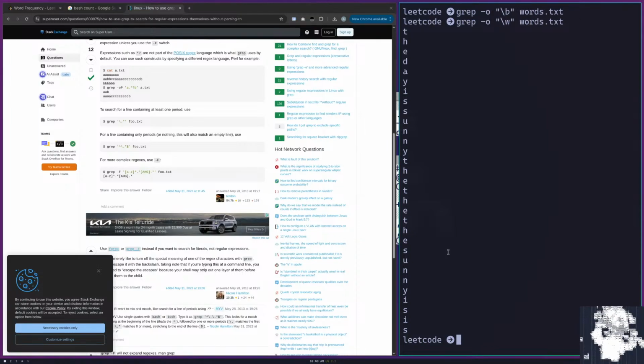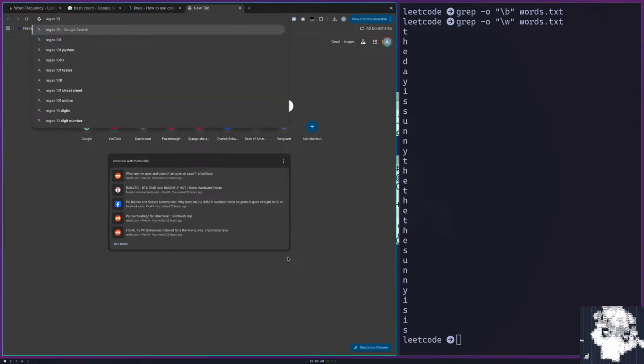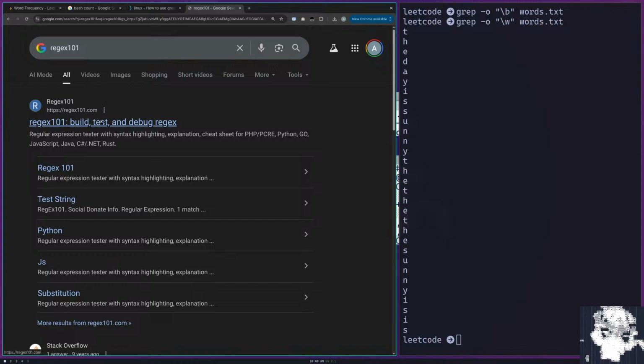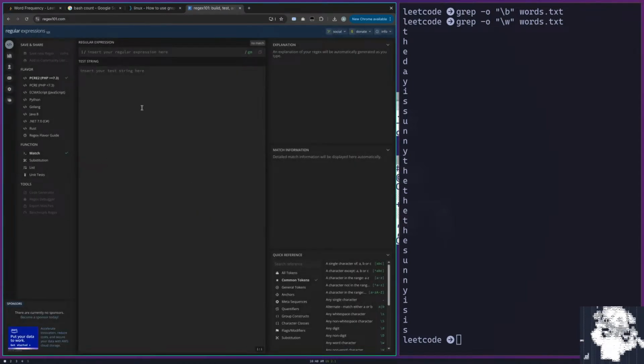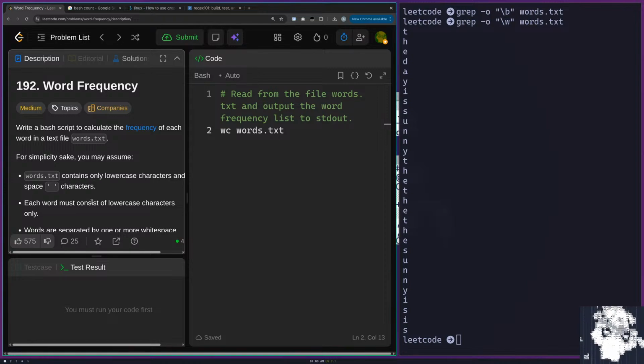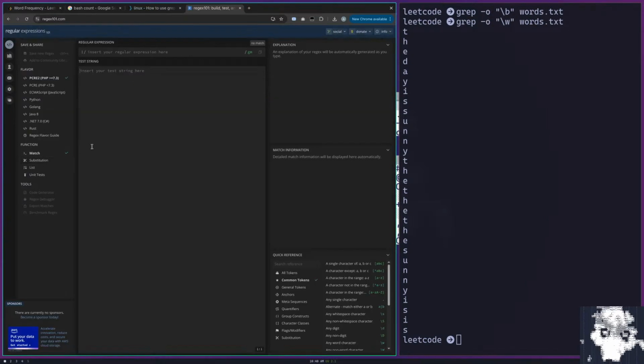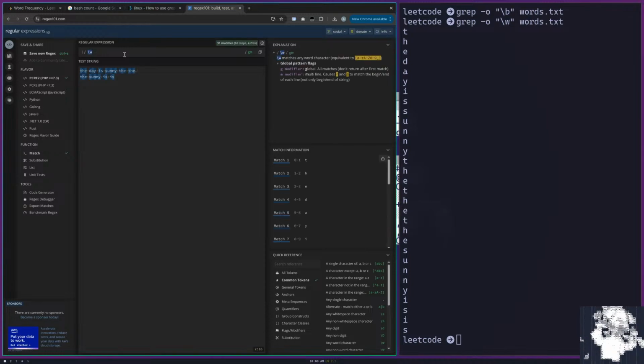What does \w do? Open up regex 101. I'm using so many external tools this time. So here's my thing, and now \w.